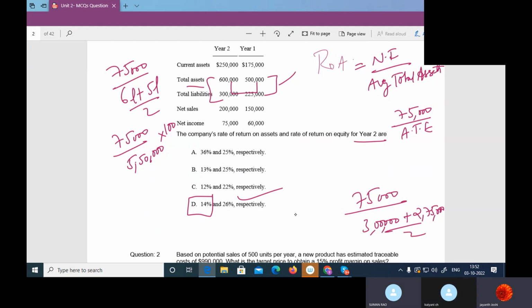So it is 2 lakh 87,500. 75,000 divided by 2 lakh 87,500 into 100. Exactly, we are getting 26%. Just do this. We'll go for the next question. Once finished, please tell me immediately.